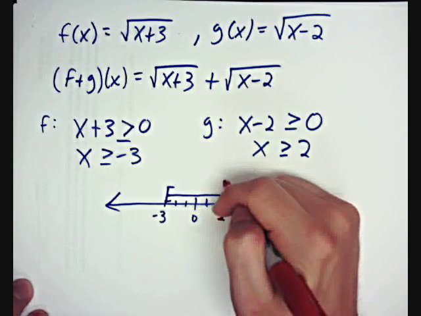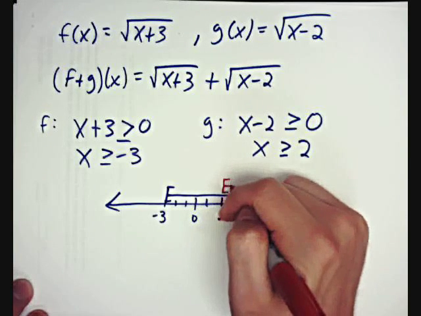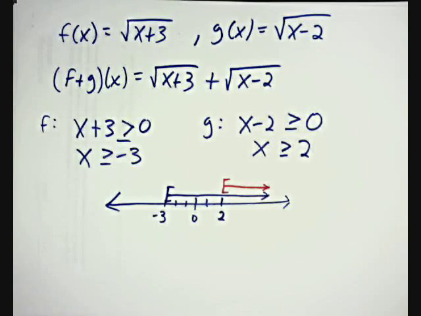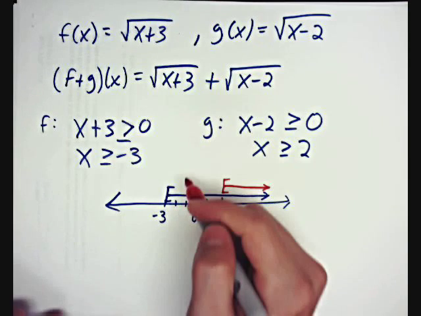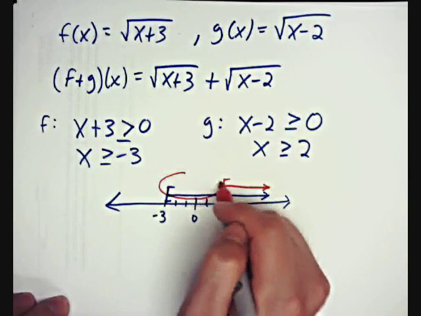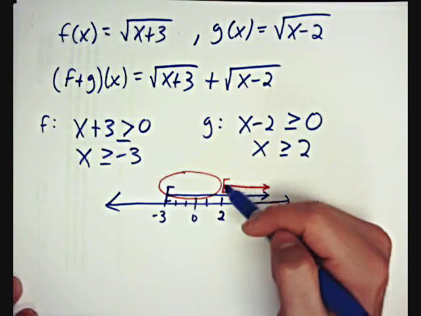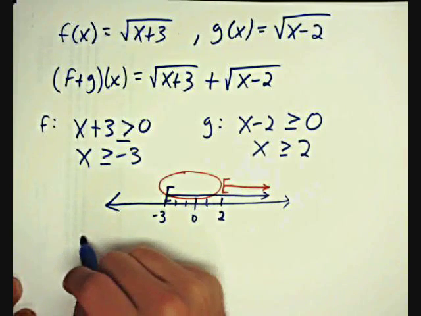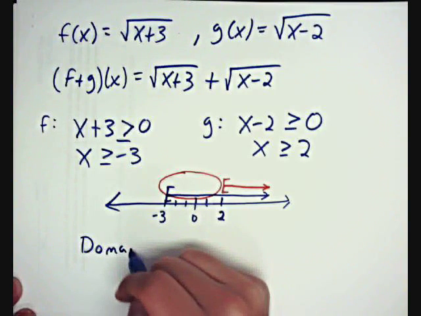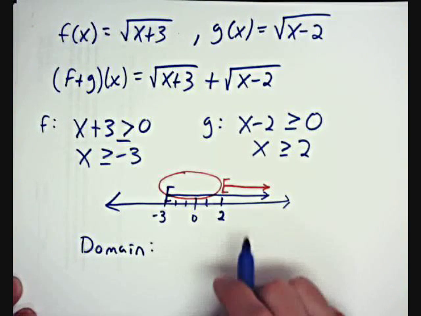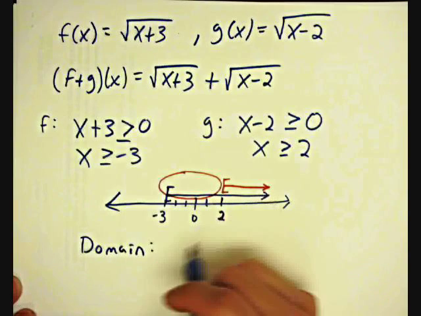If I graph that, that's this part of the number line. So when we combine these two, there's this entire region here that works for f, but does not work for g. When we combine, we want something that works for both functions. So we want to take the higher value of 2. So our domain for f plus g has to be from 2 to infinity.